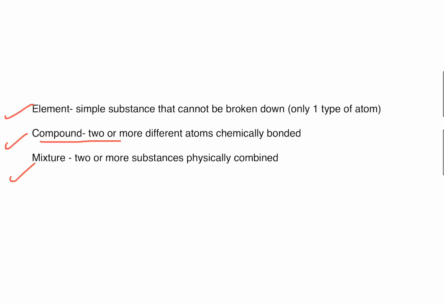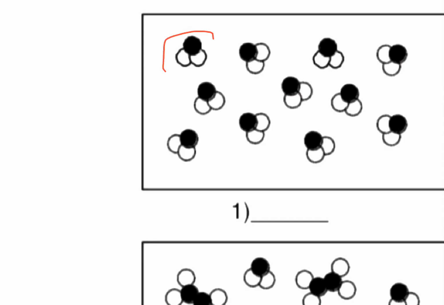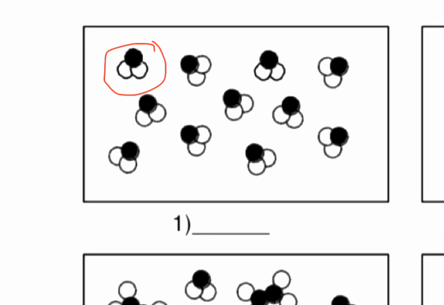So you see two or more different atoms chemically bonded. So yes, they are chemically bonded because they are glued together. If I'm looking at this one, they are glued together. So this is a compound, and if you look at the whole substance, there's just one kind of molecule in it. So this is just a compound.